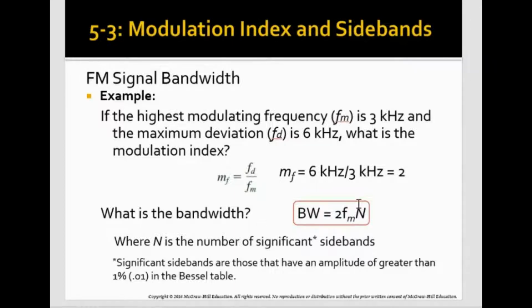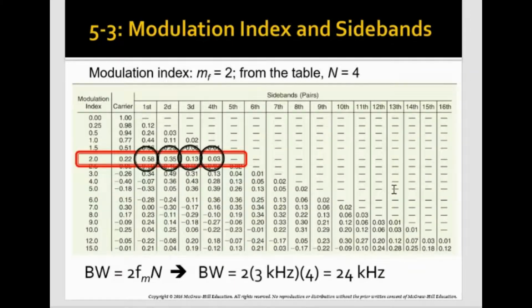So for this example, the modulation index is 2. From the table, we see there are 4 sidebands: 1, 2, 3, 4. So N is equal to 4, and then we just follow the equation.